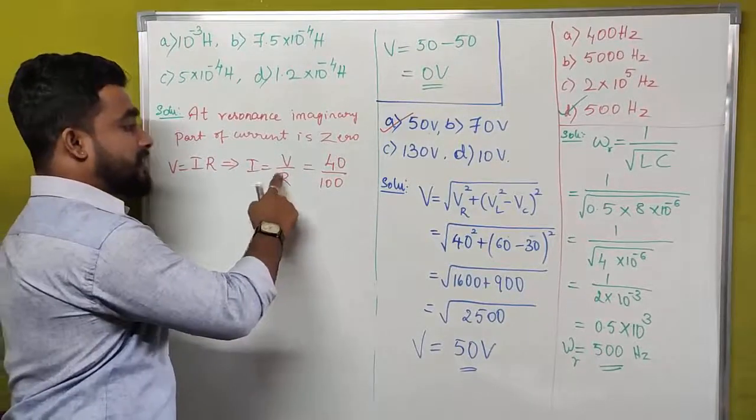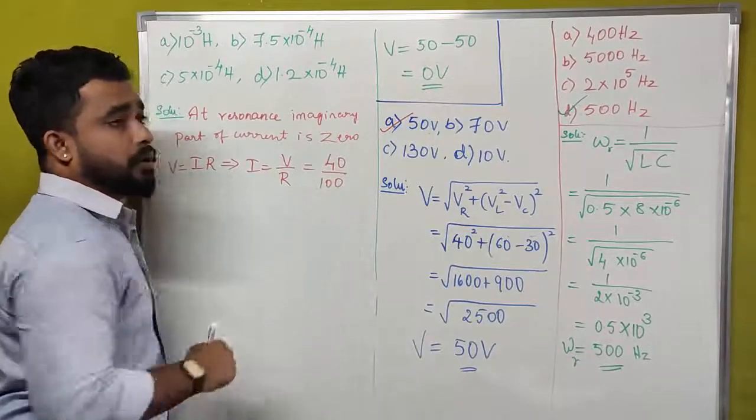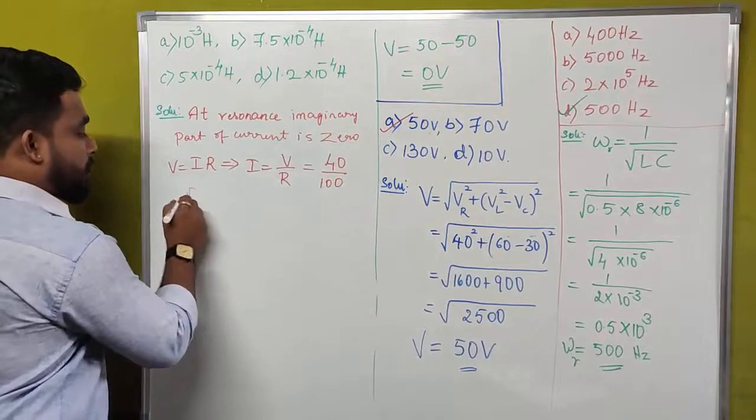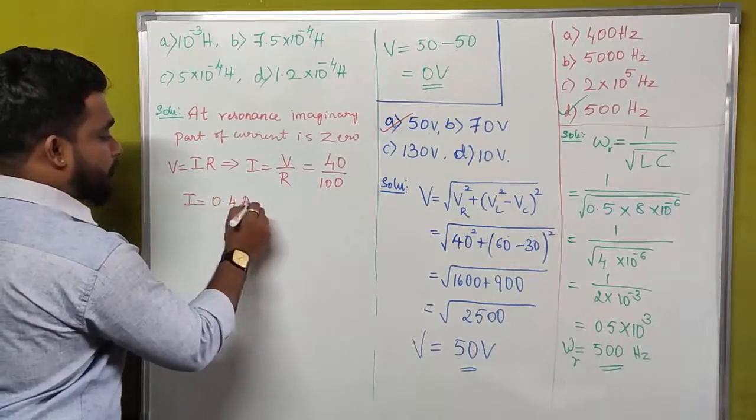Then what is the value of current? 40 divided by 100 is equal to 0.4 ampere.